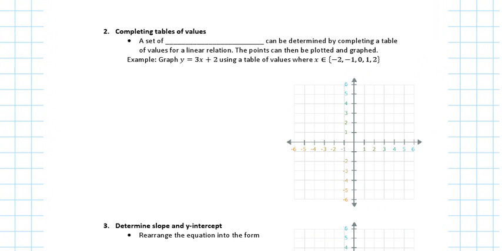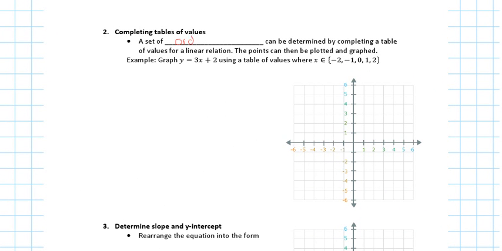Okay? Which means that they're x and y. So a set of ordered pairs can be determined by completing a table of values for a linear relation. The points can be plotted and graphed, okay, after you find the values.